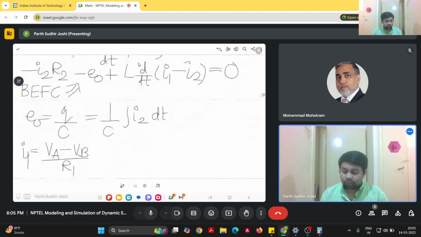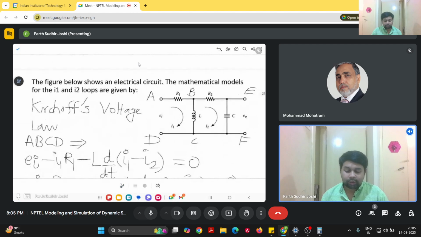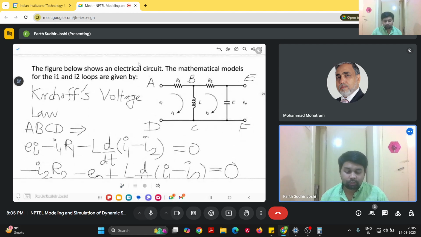Similarly I2 we can write as VB minus VE upon R2.